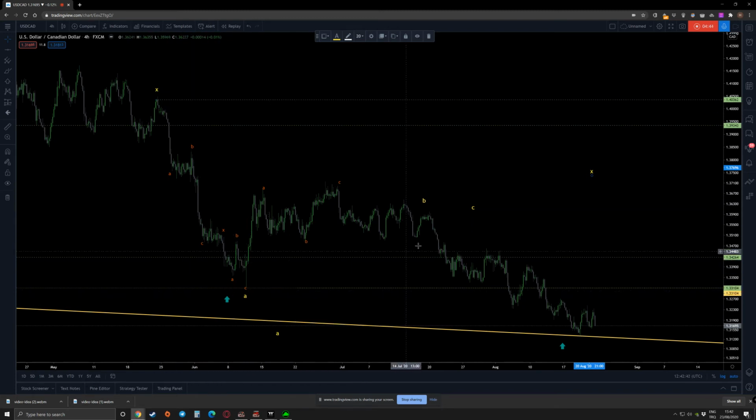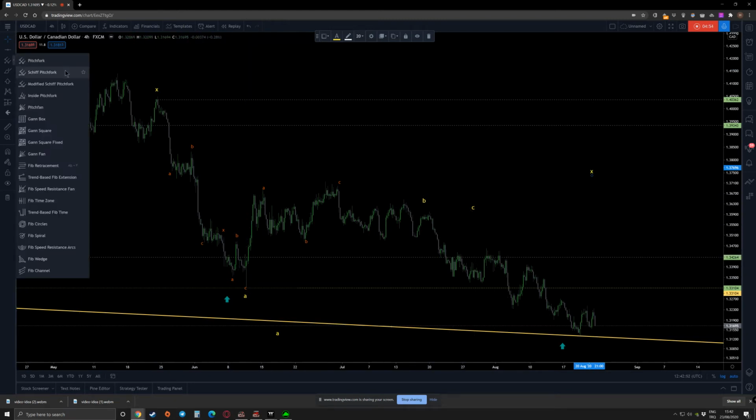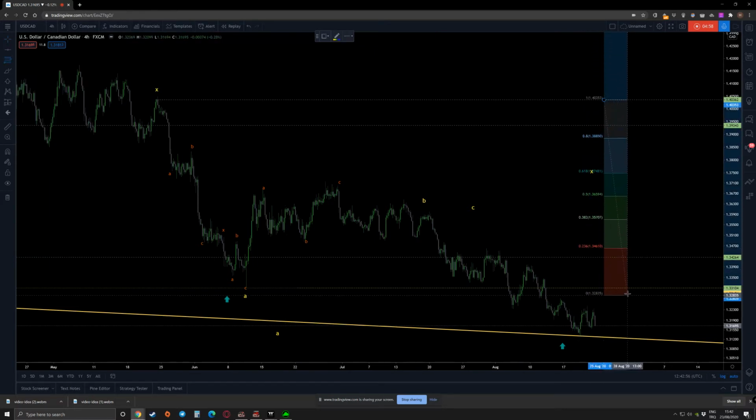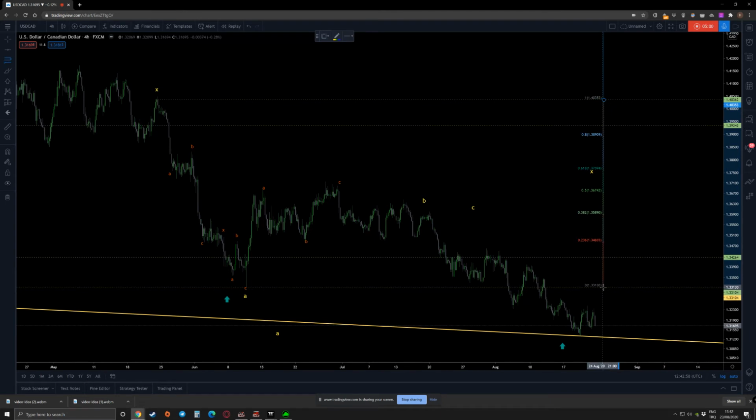Now, there's a problem with it. What's the problem? Well, if this is the A wave, let's check out the retracement level for it. If this is the retracement, oh, look at it. We don't have a wave that is close, not even close.